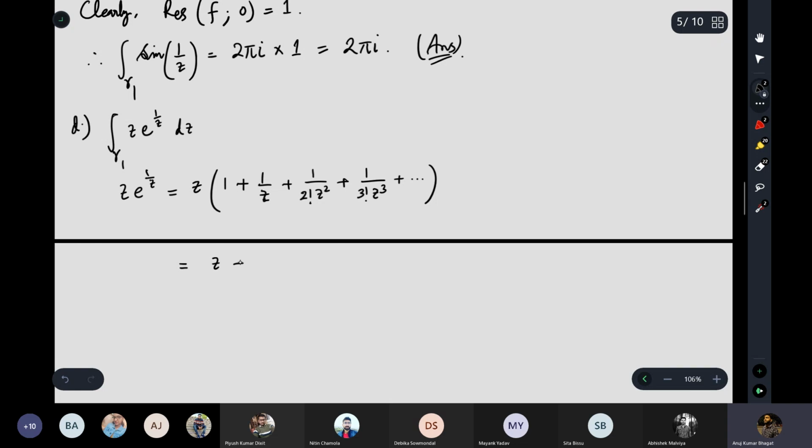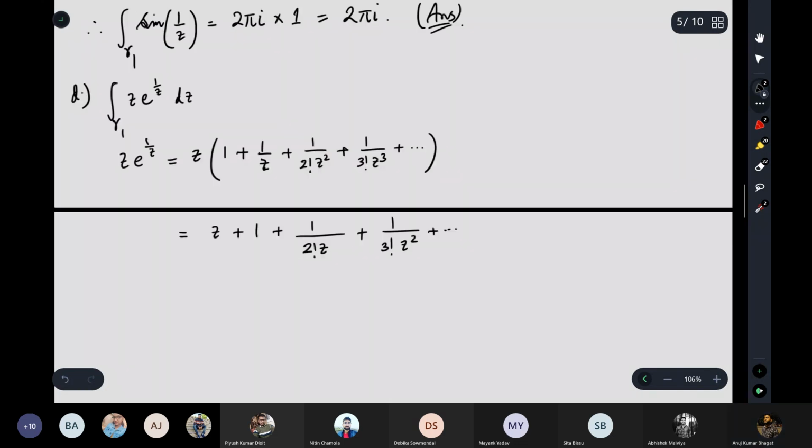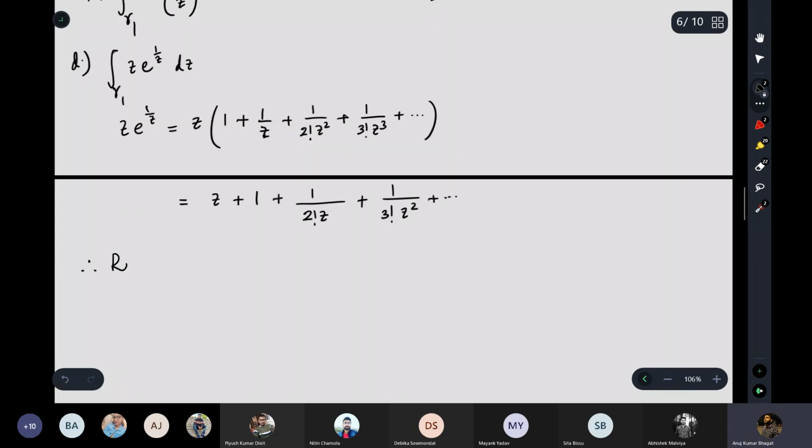So z plus 1 plus 1 by 2z plus 1 by 3 factorial z square and so on. So what is the residue of the function at 0? It is 1 by 2 factorial, which is 1 by 2.